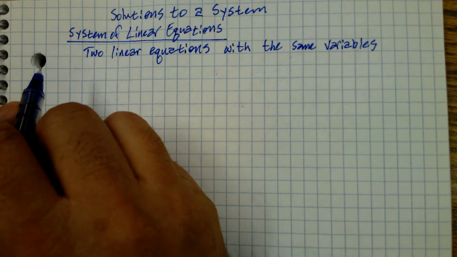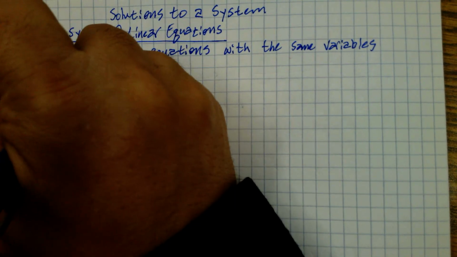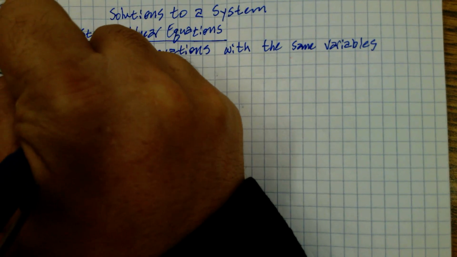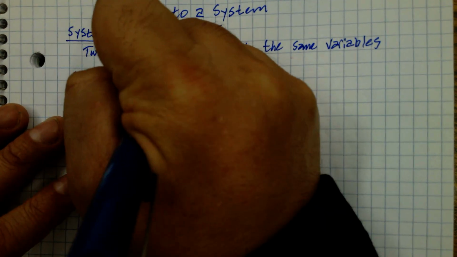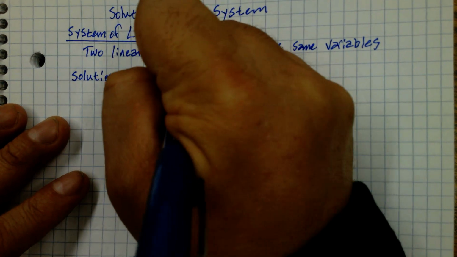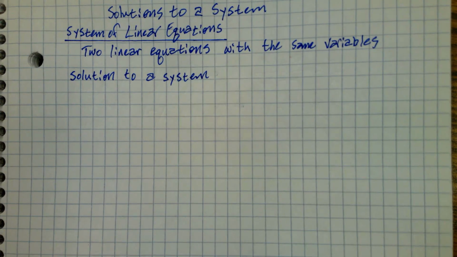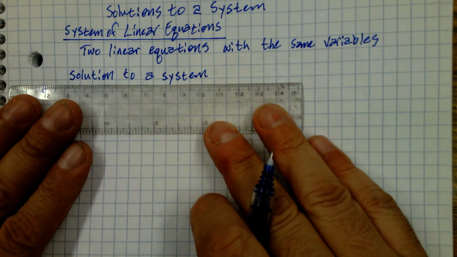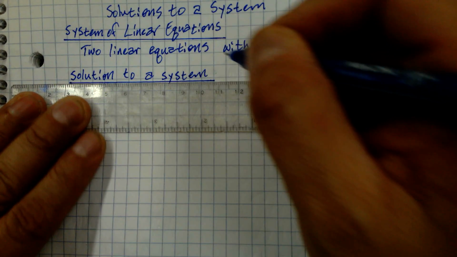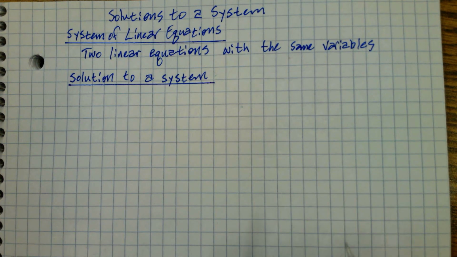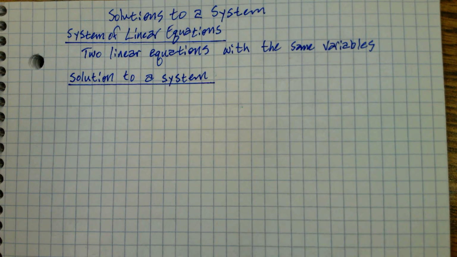Okay, the next thing we want to talk about is what a solution to a system is. Solution to a system. So since we're talking about two separate equations, we're going to have two variables.